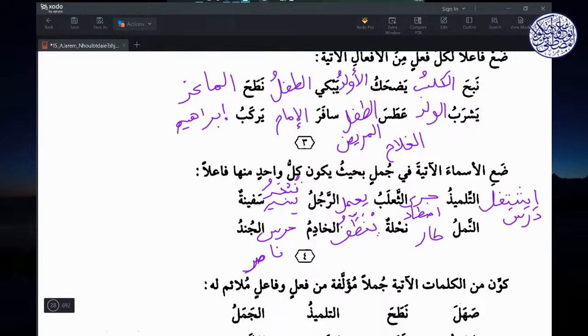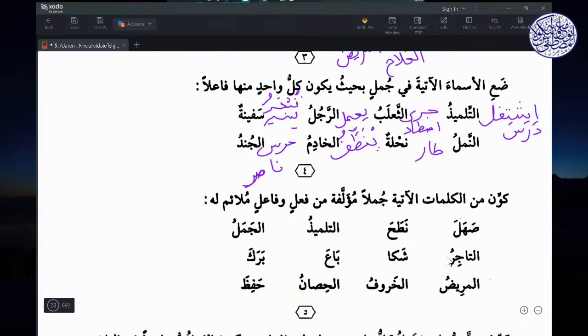All these things. طيب. كون من الكلمات الآتية جملا مؤلفة من فعل وفاعل ملائم له. طيب. This is a verb or a noun, and we need to make it a fi'l fa'il. Sahala became what?